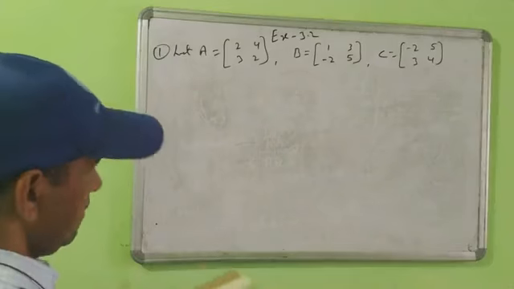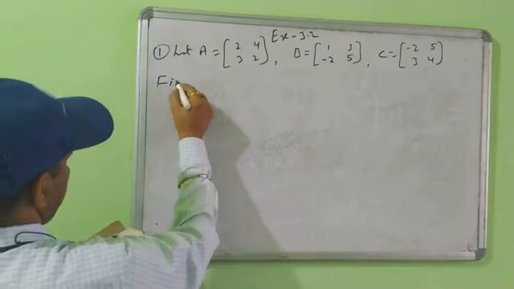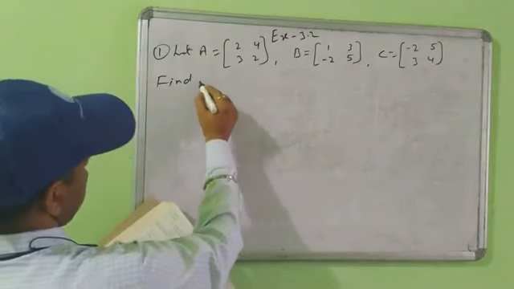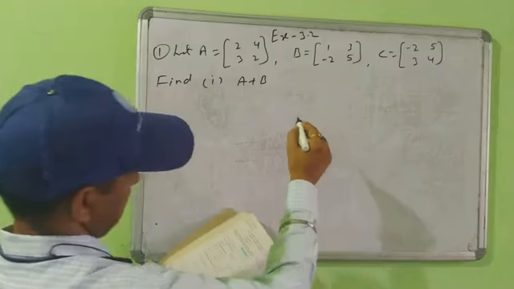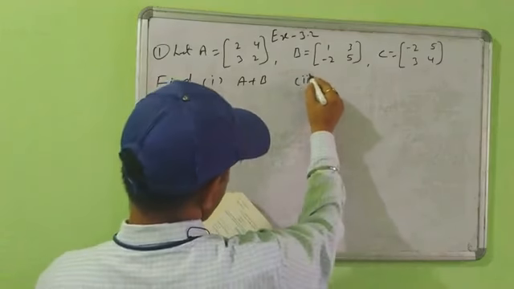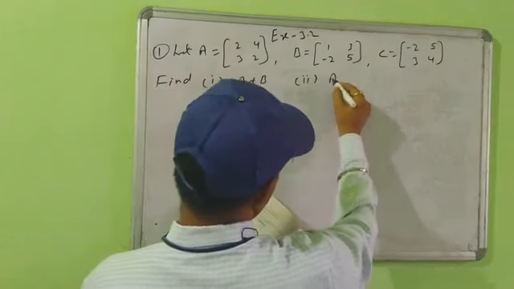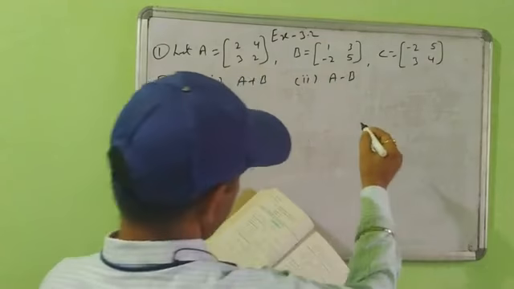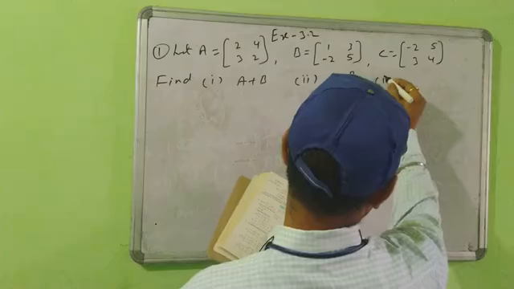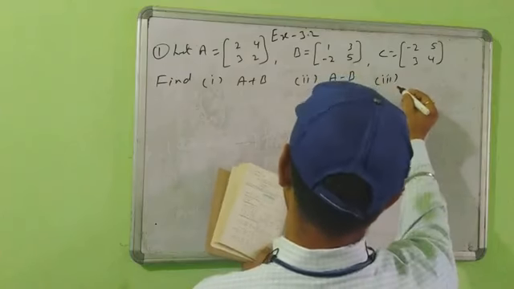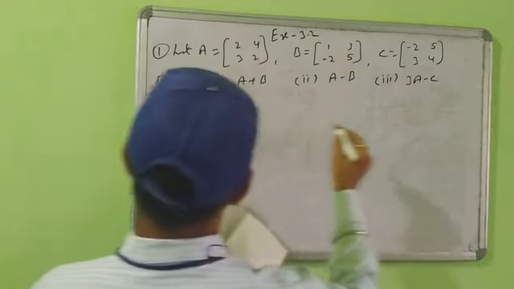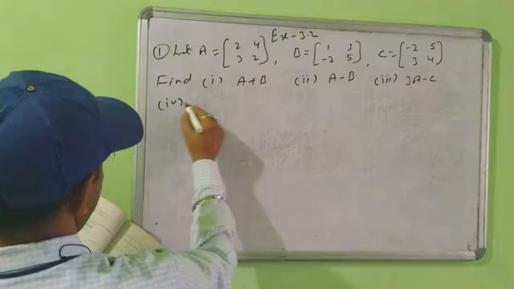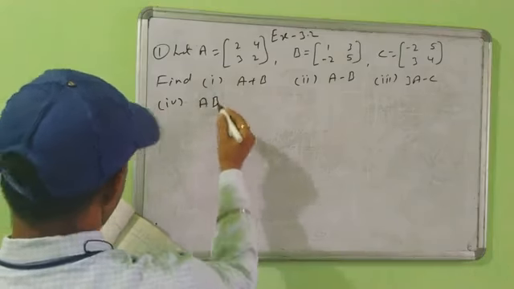Then we will find the first part, A plus B, the second part, A minus B, the third part, 3A minus C, and the fourth part, AB, the product.